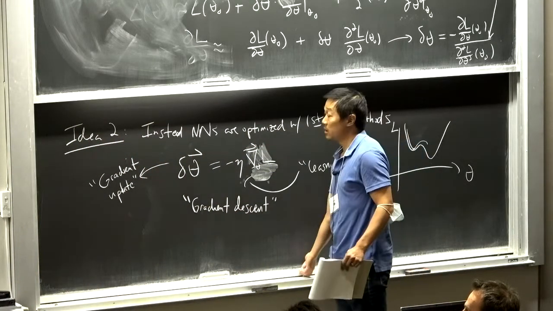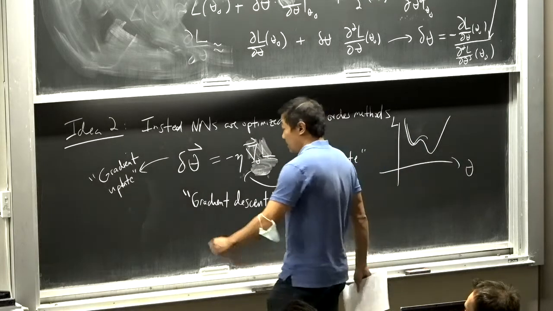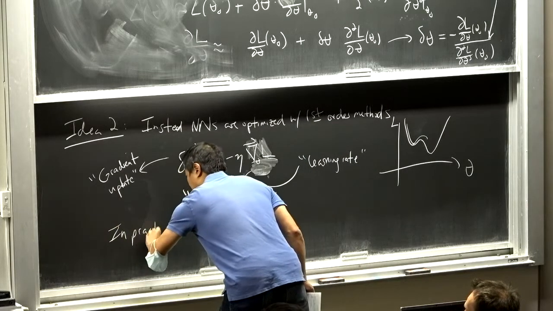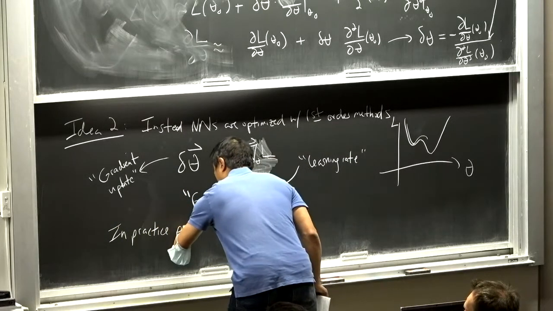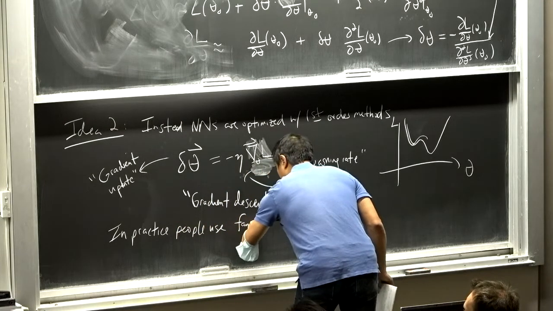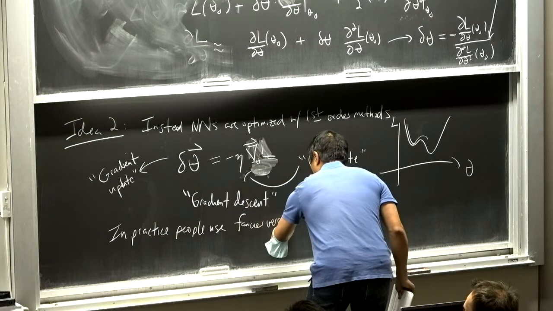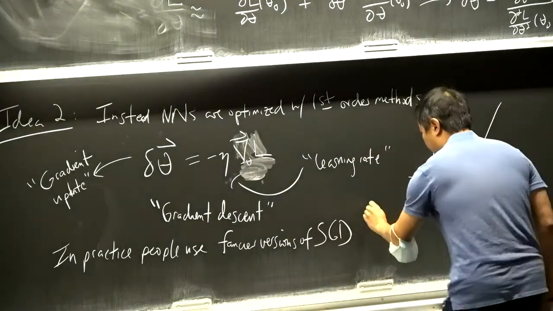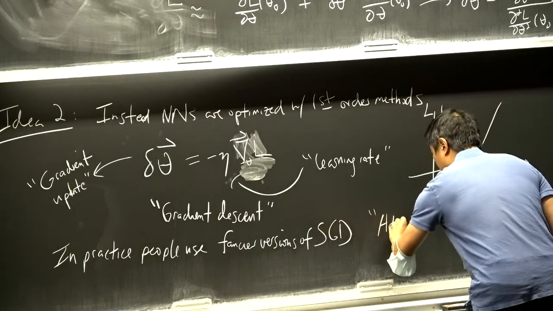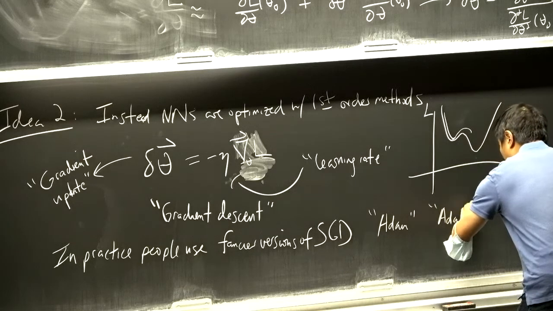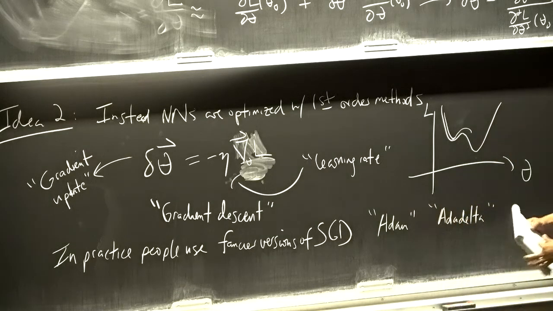And in practice, people use fancier versions of SGD. Two popular choices are called Adam and Adadelta. And in both of these, the Ad stands for adaptive.